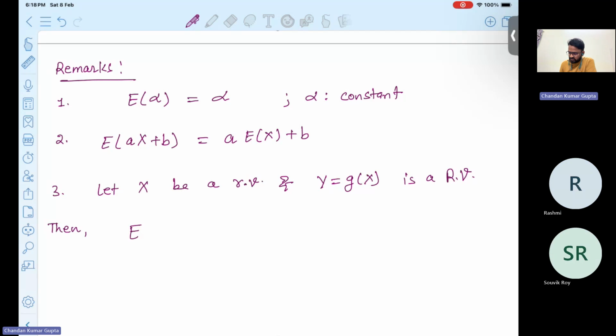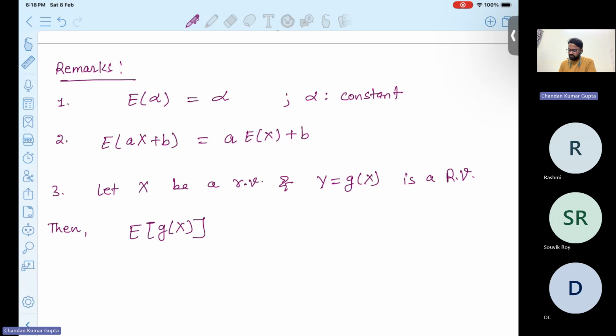The expected value of g of x, since x is a random variable, y, which is a function of x, is also a random variable that we have discussed in the previous class, week two.